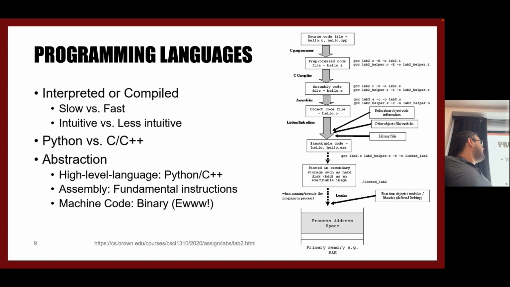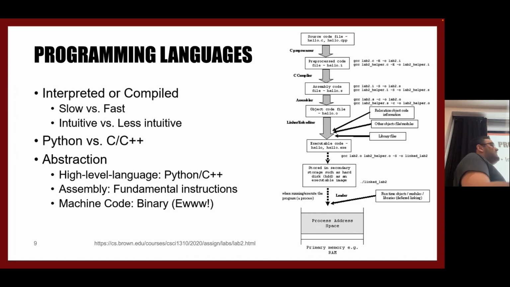This is based off of what language you use too. When it comes to languages, you have two different types: interpreted or compiled. There are advantages and disadvantages to both. In general, compiled are usually faster. You compile it and you get a program out and it just works. Interpreted is reasonably slow because you're giving it input as you go.